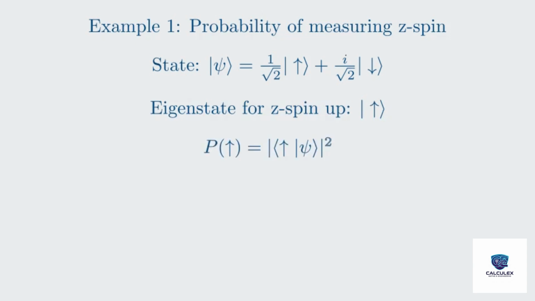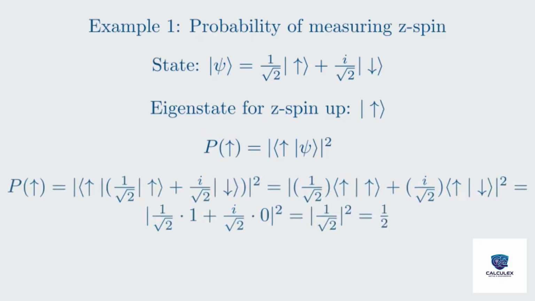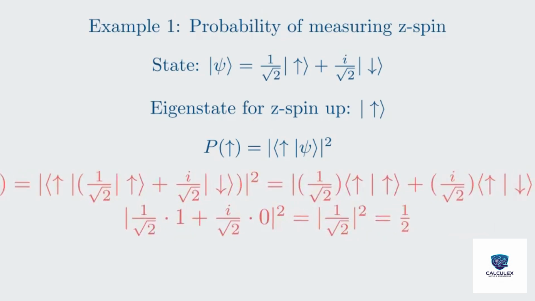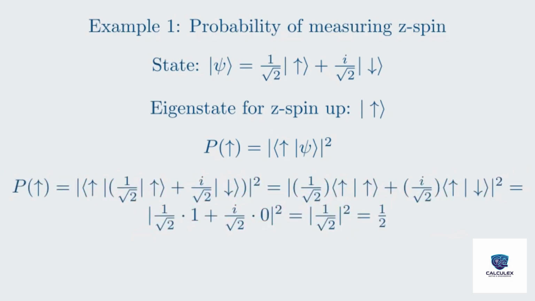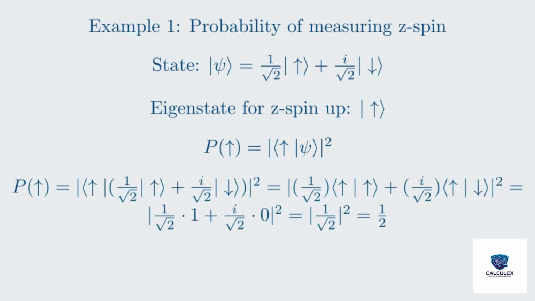The probability is the squared magnitude of the inner product of up with our state, psi. We substitute our expression for psi. The inner product is linear. The inner product of up with up is 1 and with down is 0. So we get the squared magnitude of 1 over root 2, which is 1/2. The probability of measuring z spin up is 1/2 or 50%.